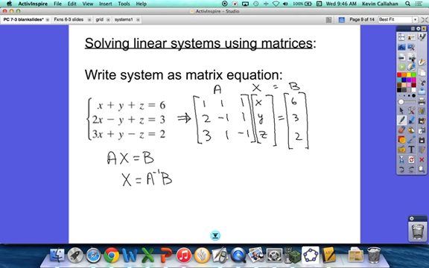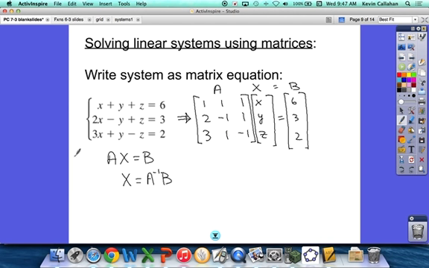I'm talking about a matrix equation where you take the coefficients of the 3 by 3 on the left side, and that becomes your A matrix. So notice the 1, 1, 1, 2, -1, 1, 3, 1, -1.